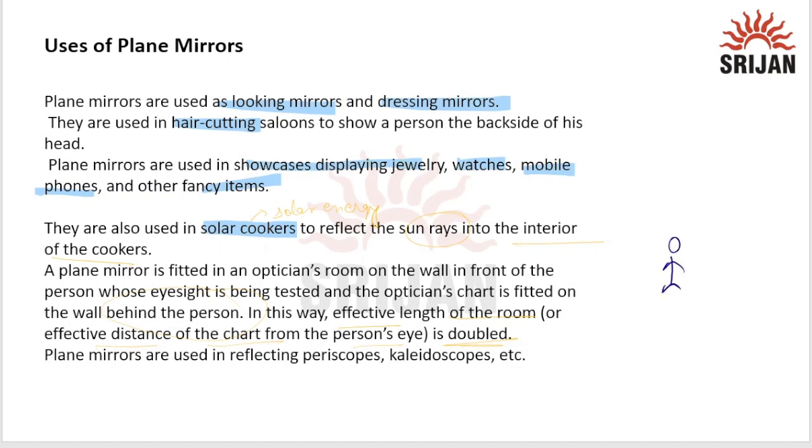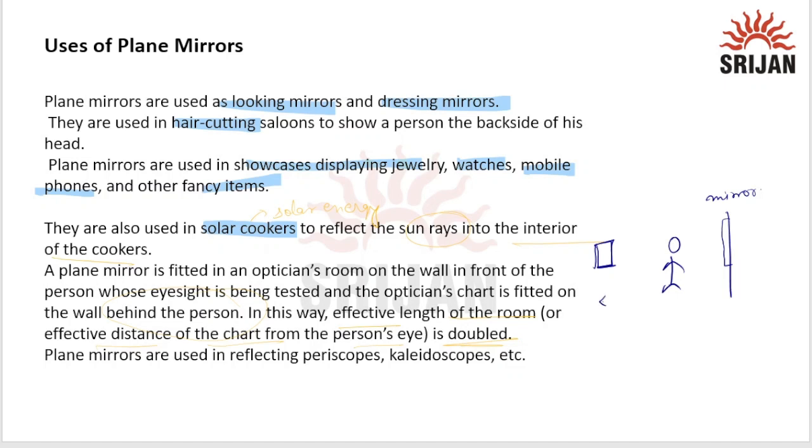Suppose this is the person and here is the wall on which mirror is there, and the chart is kept here. Chart on which alphabets are written of different sizes to check the eyesight of the person.